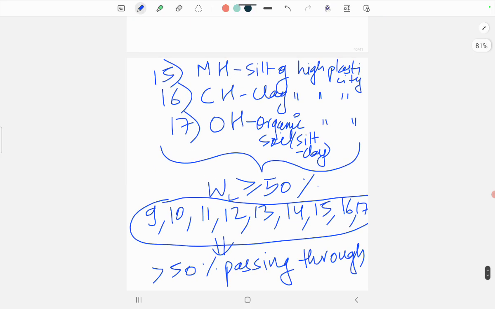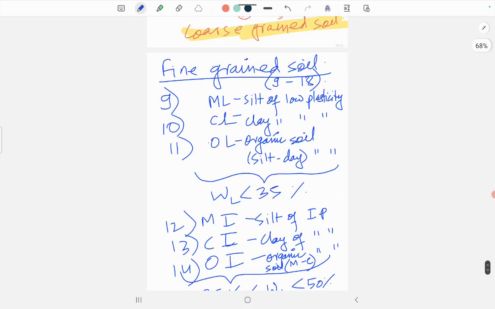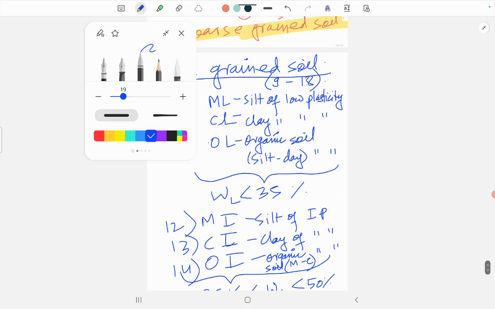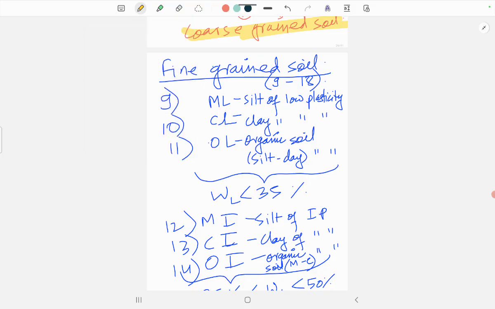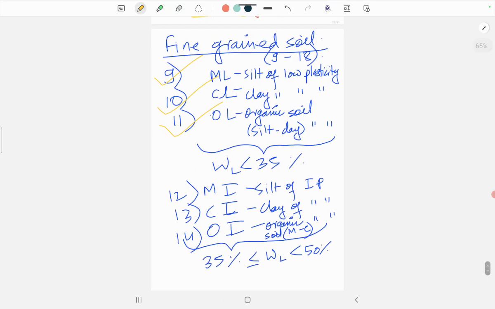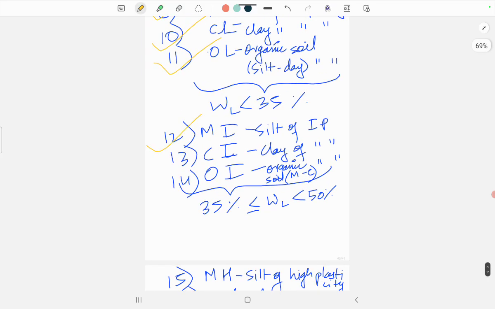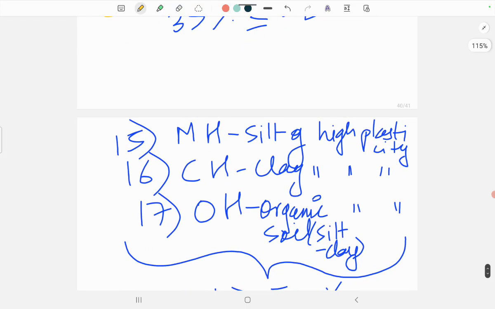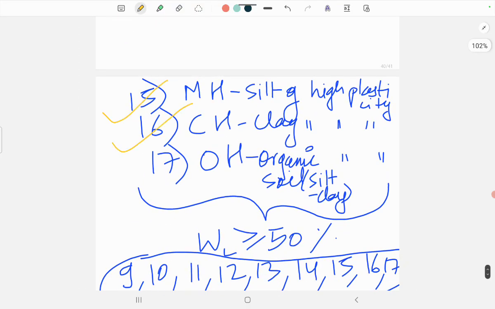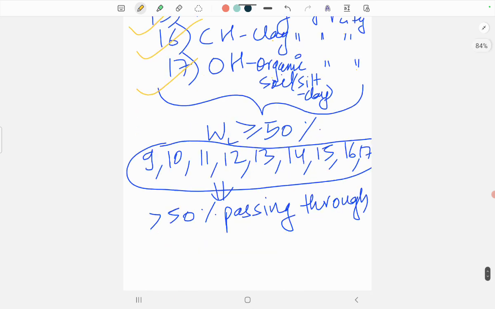So 9 to 17 means silt of low plasticity is 9, clay of low plasticity 10, organic soil is 11, and silt of intermediate plasticity 12, clay of intermediate plasticity is 13, and organic soil of intermediate plasticity is 14. And then 15, 16, 17 will have silt of high plasticity, clay of high plasticity, organic soil of high plasticity.